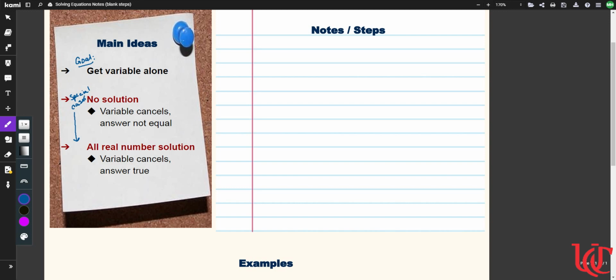So when we're solving equations, we have done some traditional things. Our steps are: simplify each side, and when you're simplifying each side, you're using the order of operations.